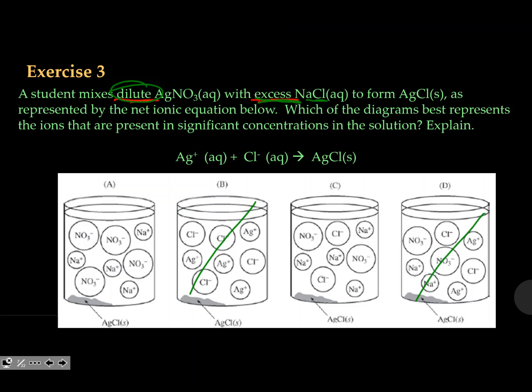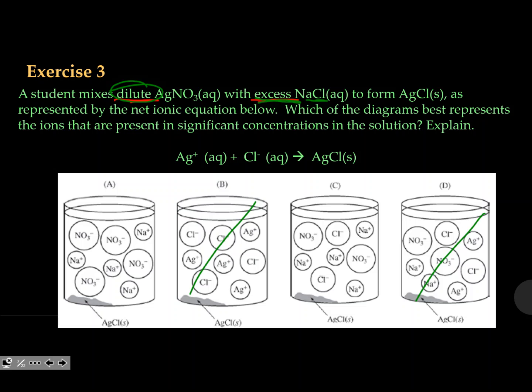So, out of the other two though, it should be pretty obvious to you which one we should select. C. The difference between A and C is that there's no chloride in A. And we know it's in excess, so there still should be some chloride present afterwards because not all of it was consumed or used.